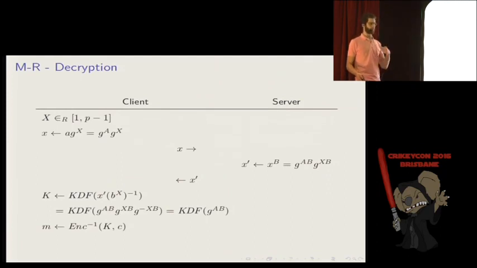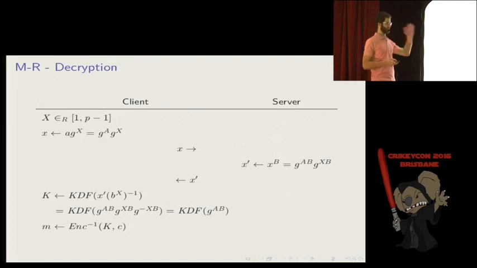In elliptic curve groups, it's a scalar multiplication of elliptic curve points. But I use this notation because it's, I think, probably the most familiar notation when discussing these sorts of cryptographic algorithms. So the value X is g to the a times g to the x.